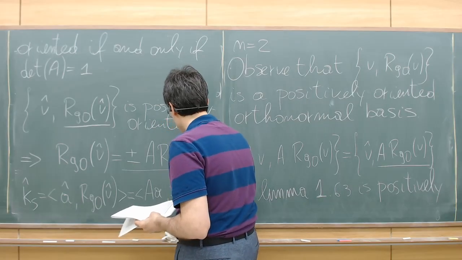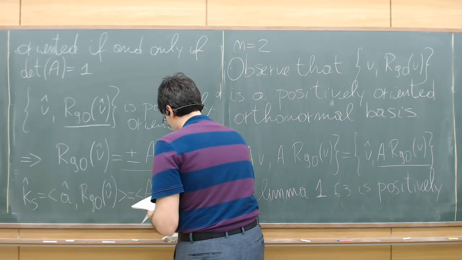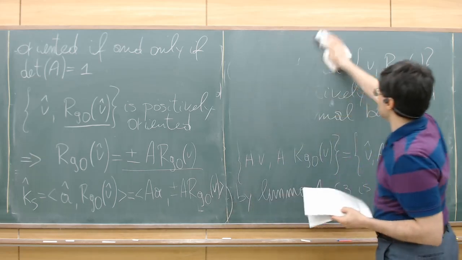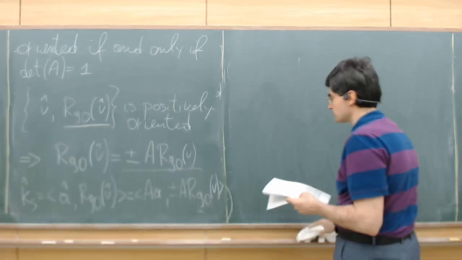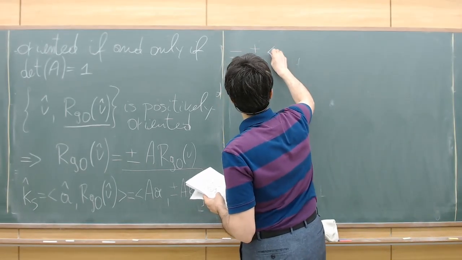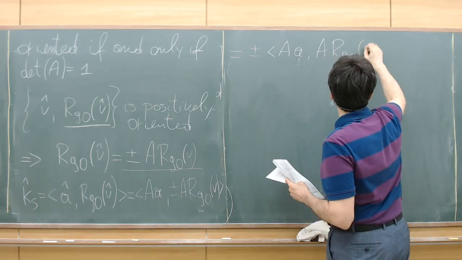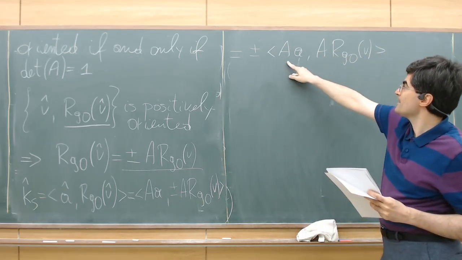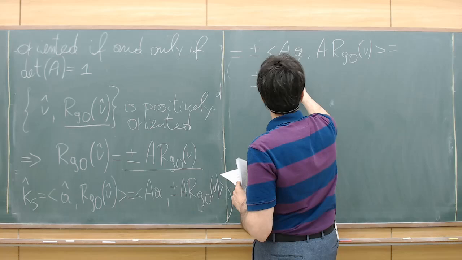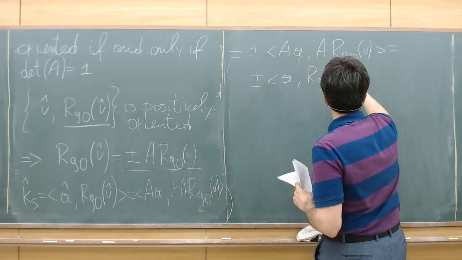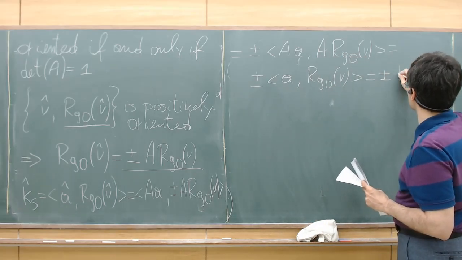So plus or minus A, R90 V. This can be written as plus or minus A V, A R90 V, and using the fact that orthogonal matrices preserve inner products, this is plus or minus V, R90 V, and this function is nothing but Ks. So this is plus or minus Ks.